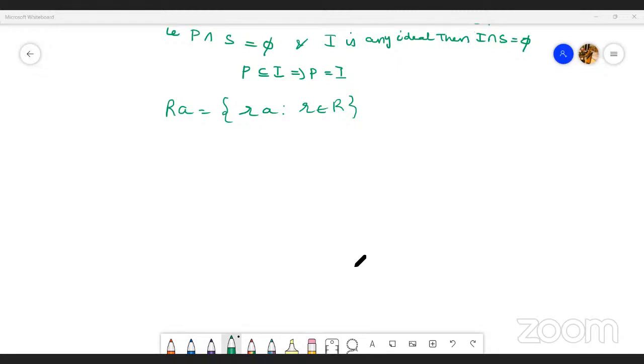Our aim is to prove that between any two distinct prime ideals of a ring R, where R is a commutative ring, there exist two prime ideals P1 and Q1 such that P is a subset of P1, which is properly contained in Q1, which is a subset of Q. That means these are all spaced; there is no ideal between P1 and Q1.